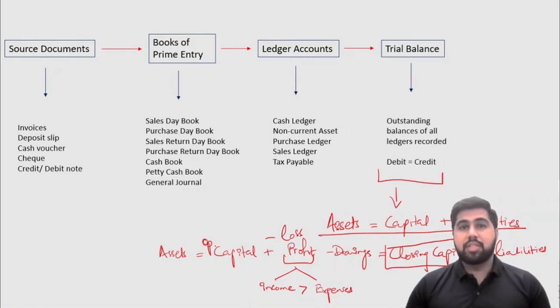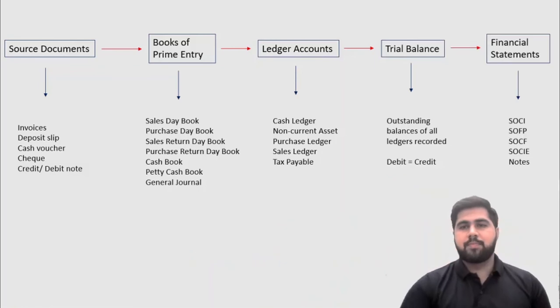And if the accounting equation is complete, it's a matter of, like I said, presentation only, right? It's a matter of presentation only, where you say that, okay, fine, let's bifurcate these accounting heads into separate statements, and that set of statements, what is it called? Right? It's called financial statements. All right?